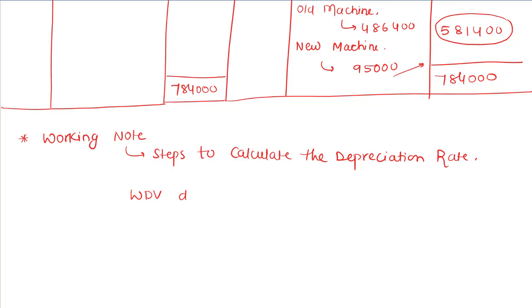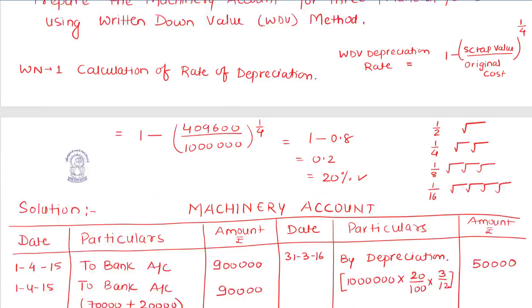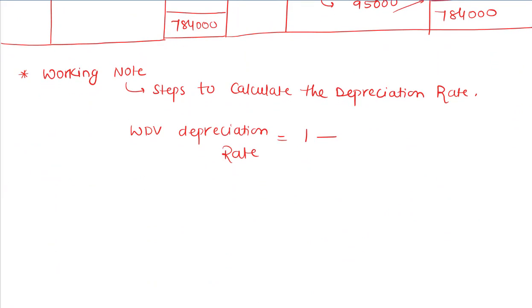So in this question, the WDV depreciation rate is calculated as 1 minus, just see the values over here, 4,09,600 divided by 10 lakhs, to the power 1 by 4, since it is 4 years.